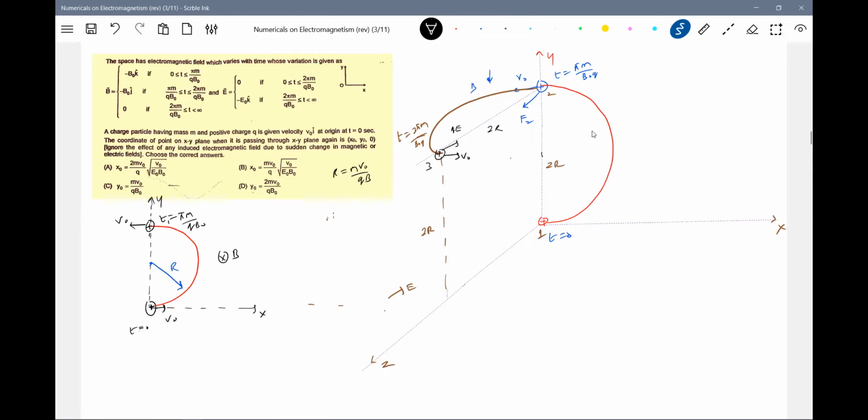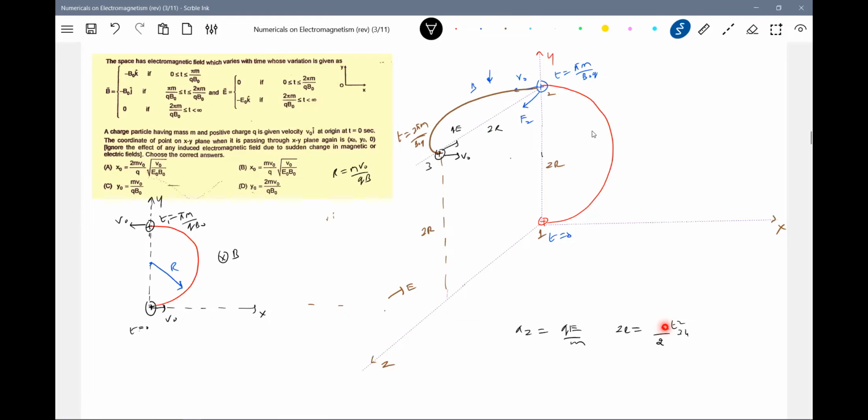So acceleration along negative z-axis, AZ, should be equal to QE by M. So 2r is equal to AZ by 2 T square, or T34 as I called it, the time taken to move from 3 to 4.